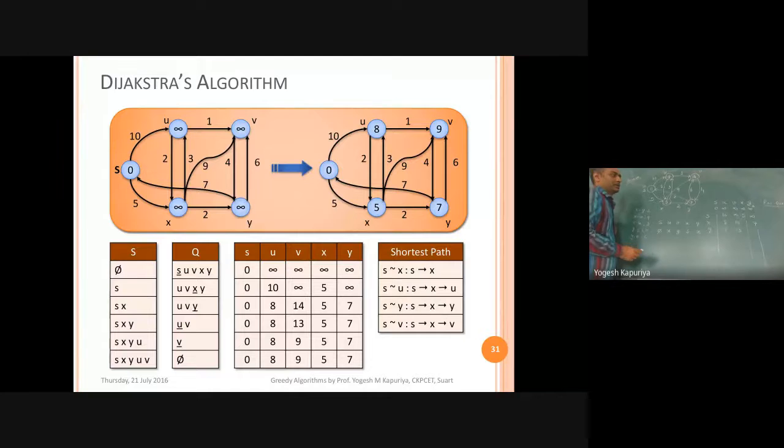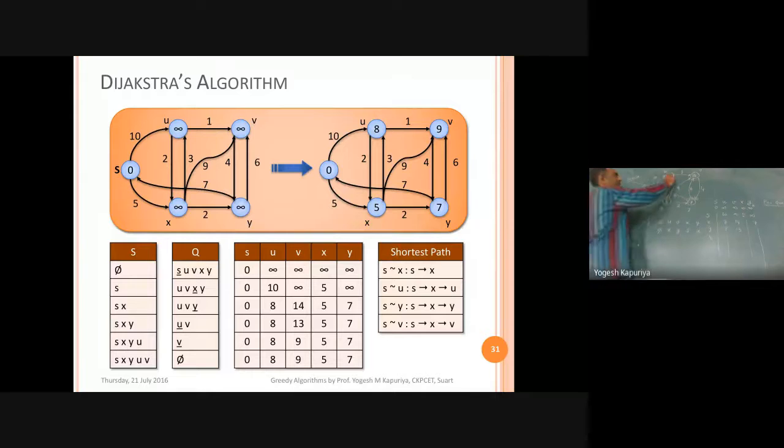Then next, U. How many outgoing edges? 1, 2. Okay. 8 plus 1, 9. 9 is less than 13.